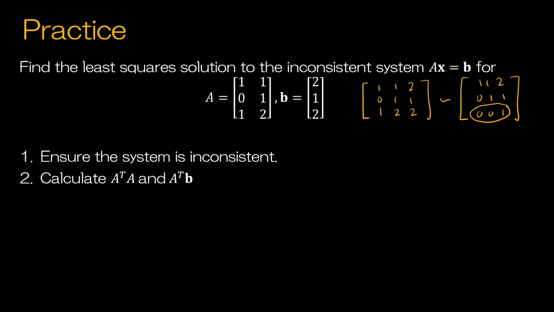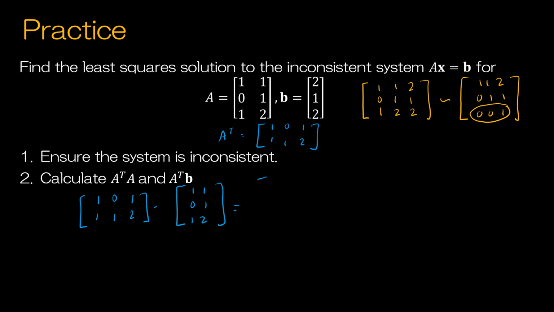Now I'm going to calculate A transpose A and A transpose b. A transpose is just turning rows into columns and columns into rows. So that's 1, 1, 0, 1, 1, 2. I'm going to multiply A transpose by A, which is 1, 1, 0, 1, 1, 2.